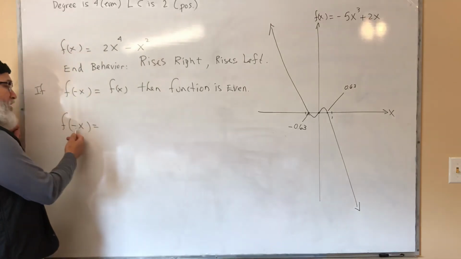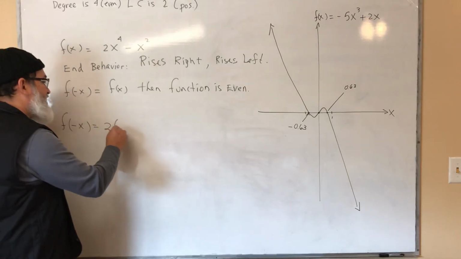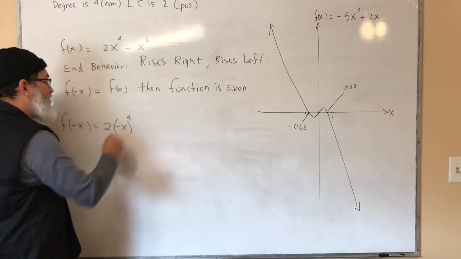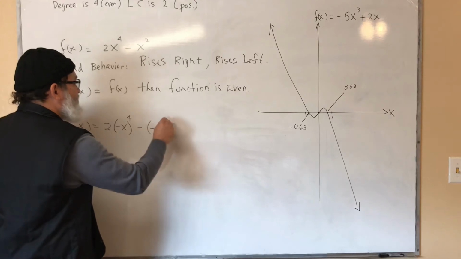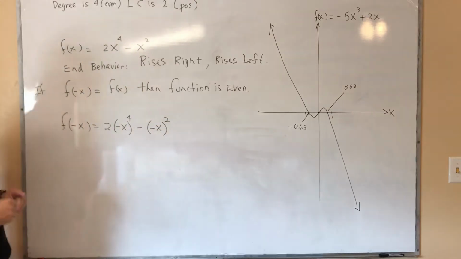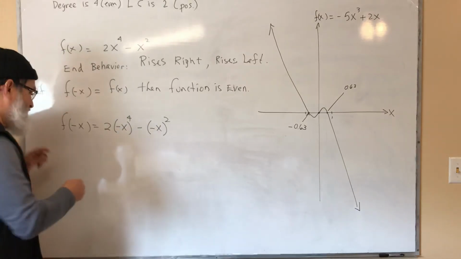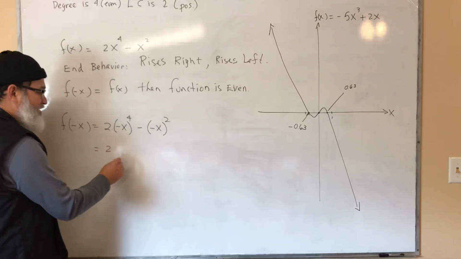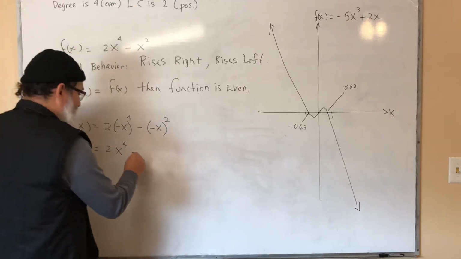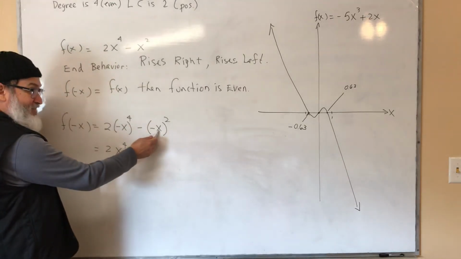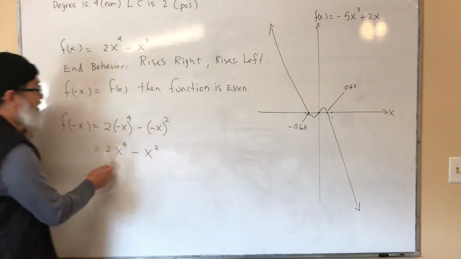Plug in negative x into the function. 2 times negative x to the 4th power minus negative x to the 2nd power. Anybody know what negative x to the 4th power is? This is 2 times x to the 4th minus... Anybody know what negative x to the 2nd power is? X squared. Did we get the same thing?